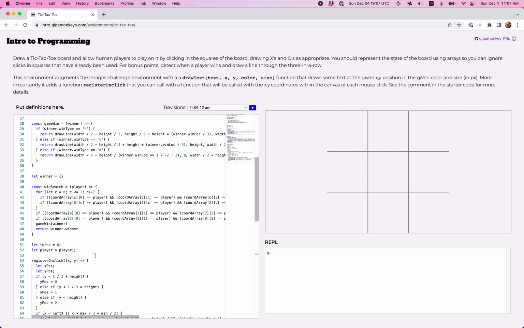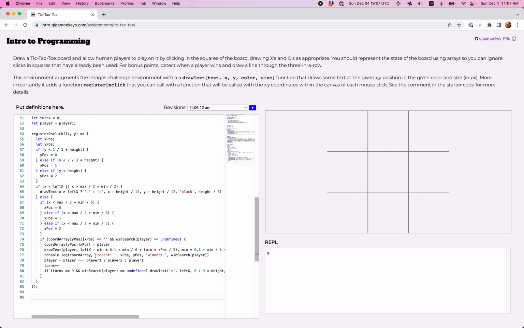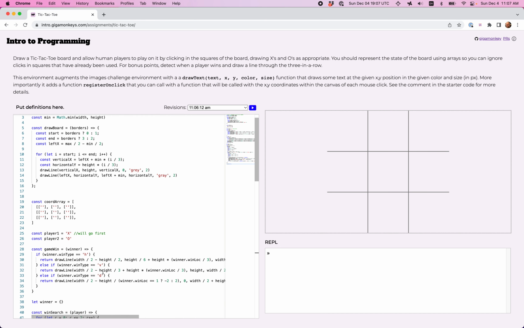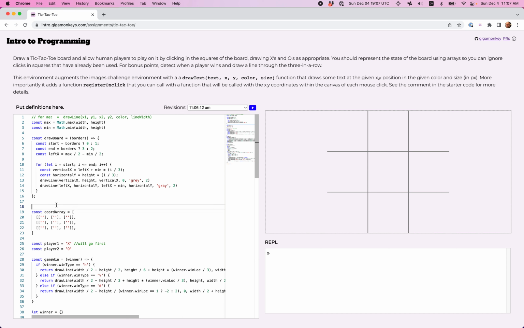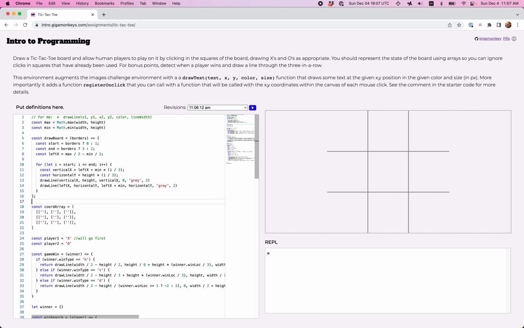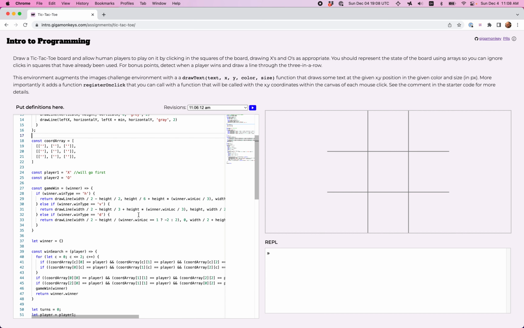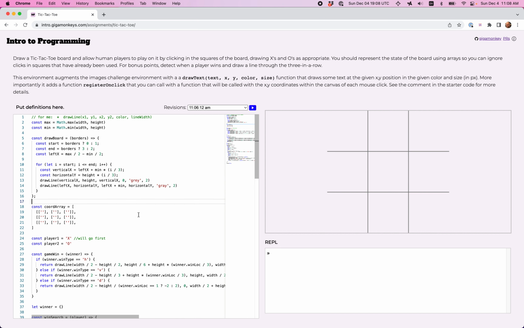Sometimes the distinction between definitions and code that does stuff is a little nuanced, but clearly drawing the board is a thing that happens when the game starts. Part of the reason to do that is it's easier to see what's going on. Definitions don't do anything, they just provide definitions. We get those all out of the way, and then using those definitions, we actually do something. It makes it easier to see what actually happens when we put it all together.